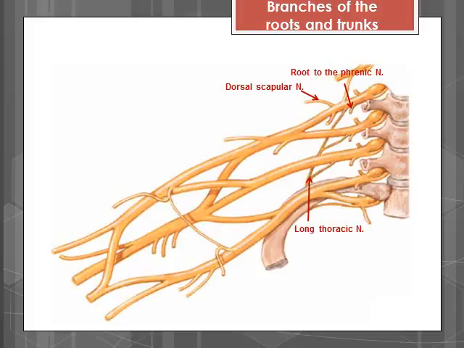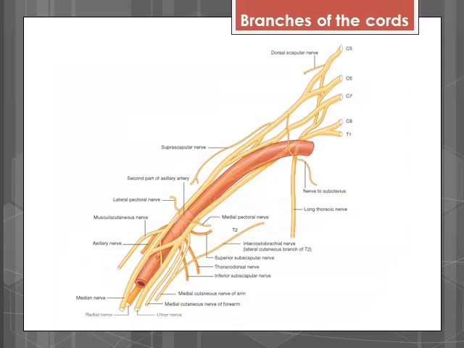Two branches arise from the upper trunk: nerve to subclavius and suprascapular nerve. The middle and the lower trunks have no branches. Also, the divisions have no branches.